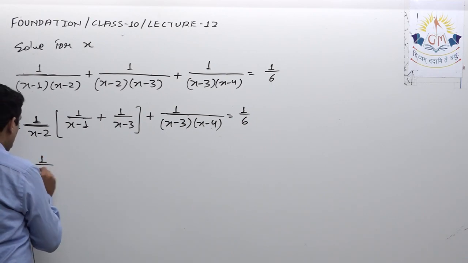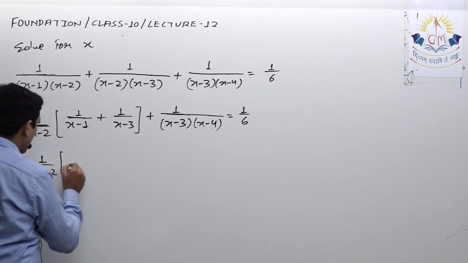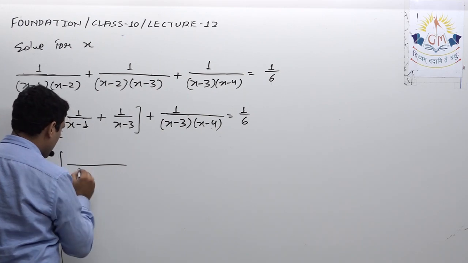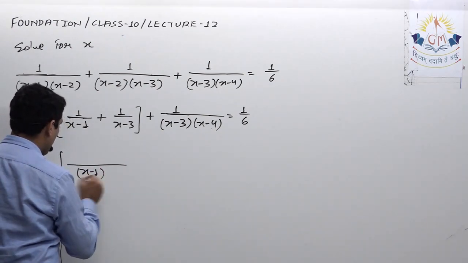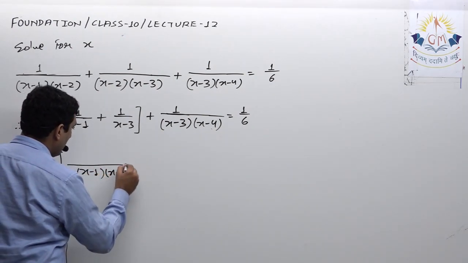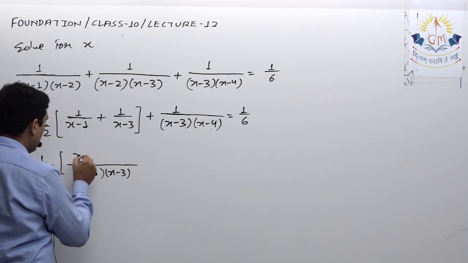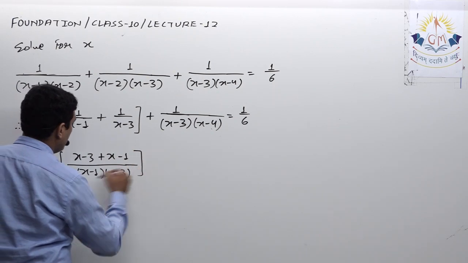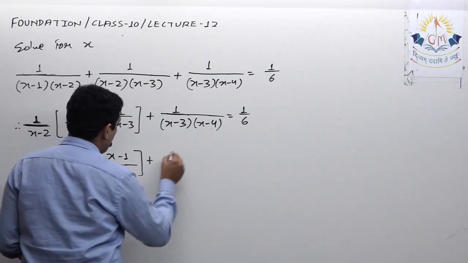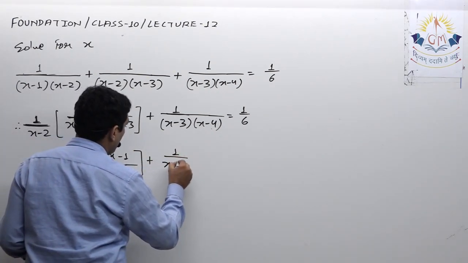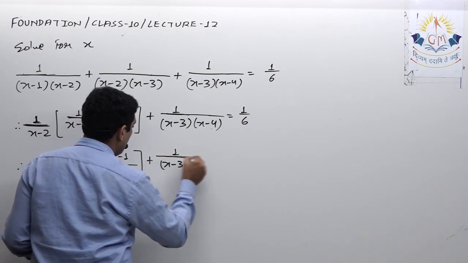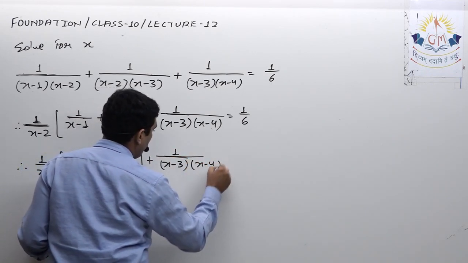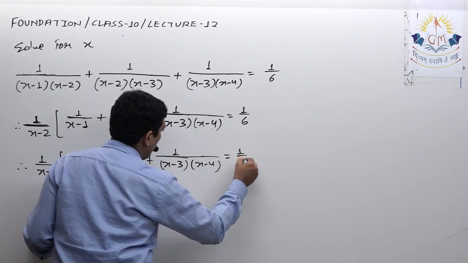So 1 upon x minus 2 remains as it is. Now if I take the LCM, this becomes 1 upon (x minus 1)(x minus 3), and over here it is x minus 3 plus x minus 1, plus this term as it is, 1 upon (x minus 3)(x minus 4) is equal to 1 upon 6.